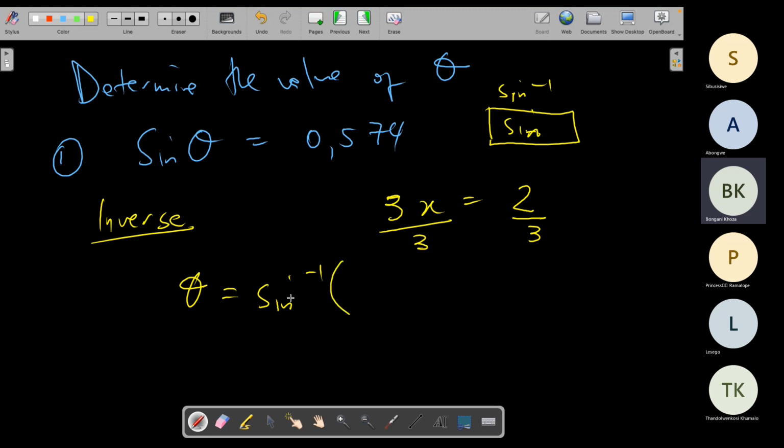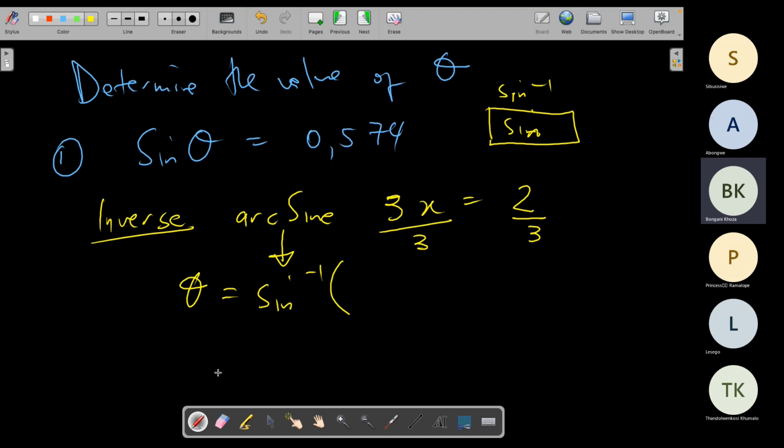We call this arc sine. If it was cos, it would be arc cos. If it was tan, it would be arc tan.